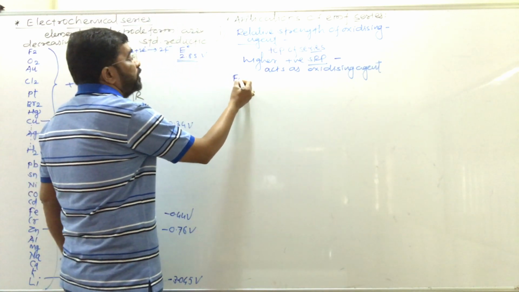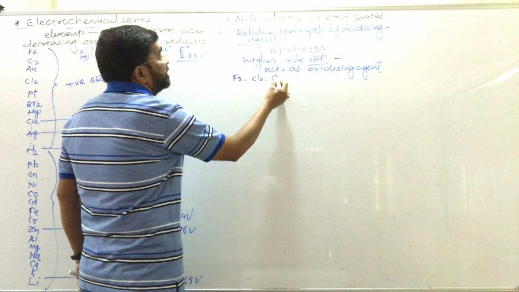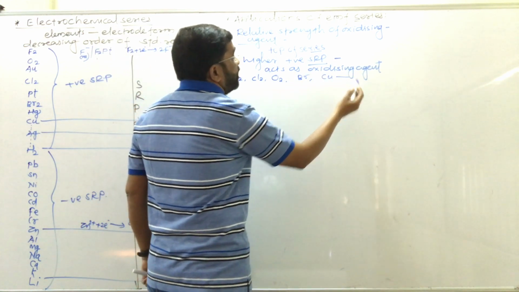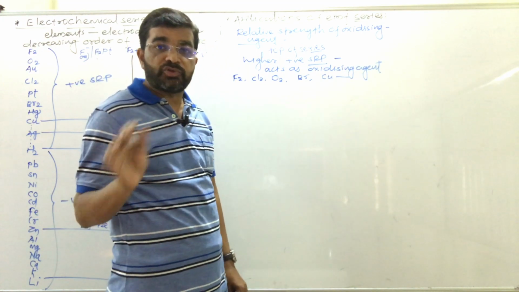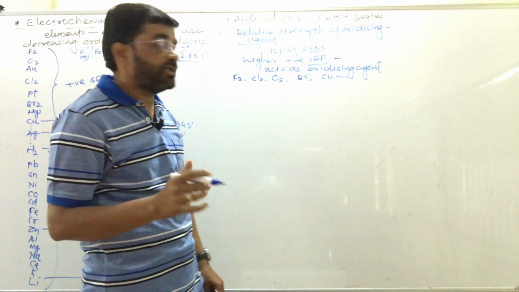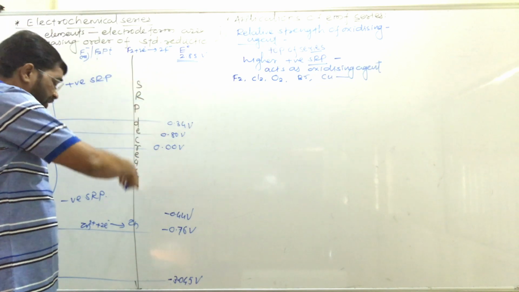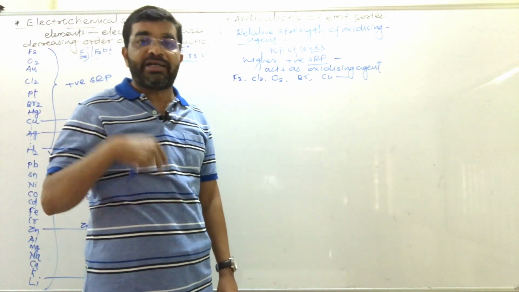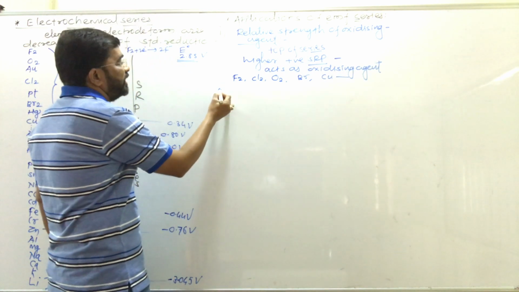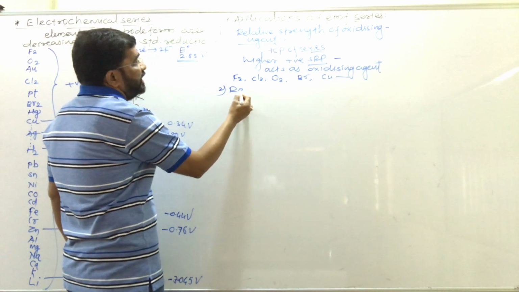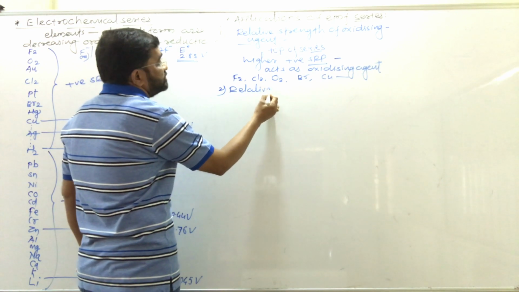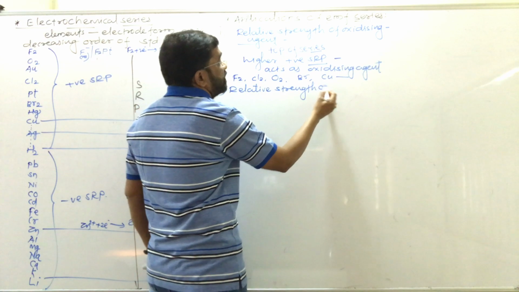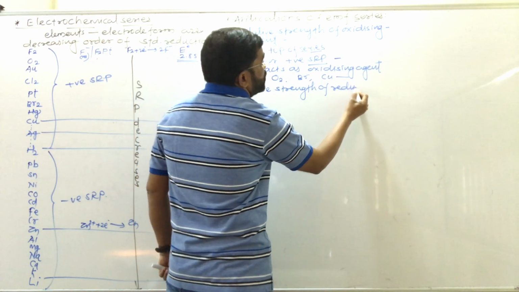Therefore fluorine, then chlorine, oxygen, bromine, as well as copper, act as oxidizing agents. Here reducing power increases down the group and oxidizing power decreases down the group. See, second application: relative strength of reducing agent.